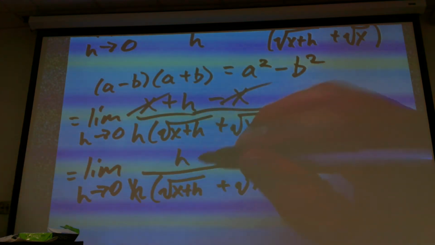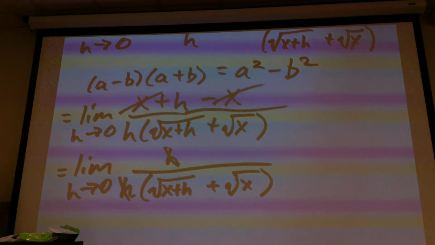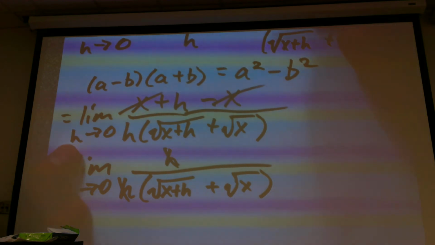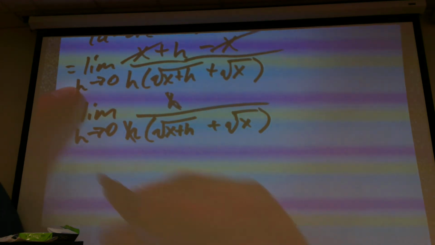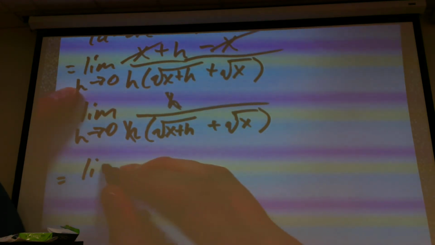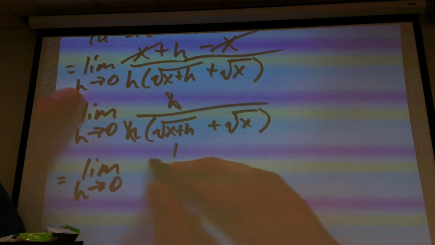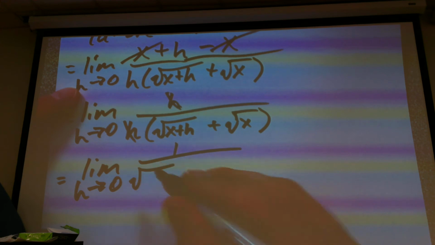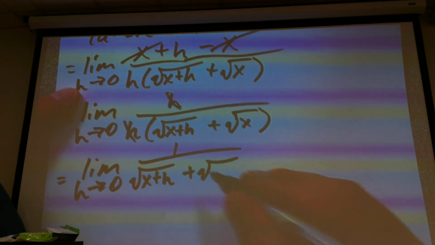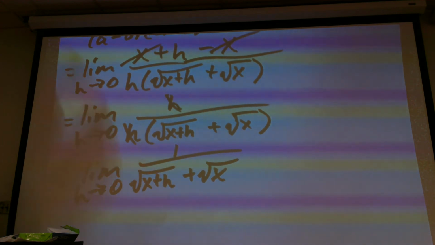So that's going to be the limit as h tends towards 0 of 1 divided by the square root of x plus h plus the square root of x.